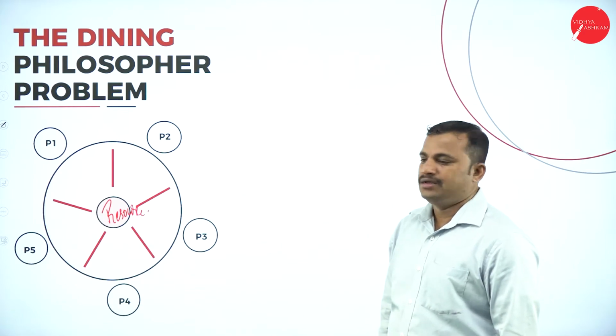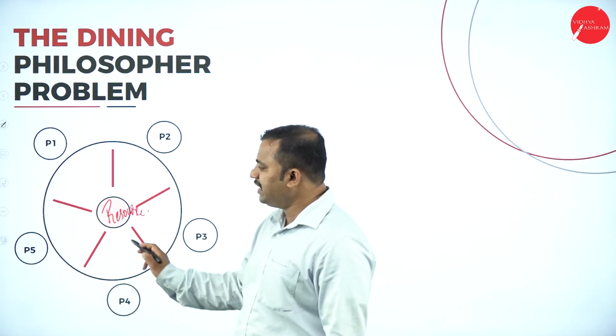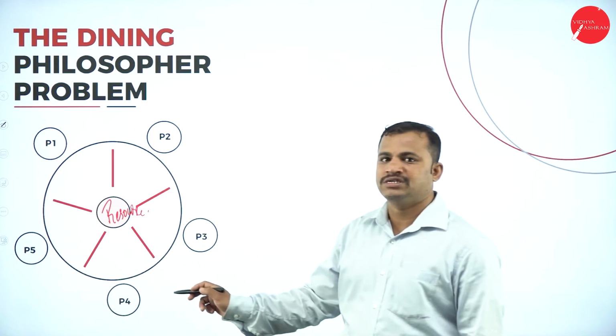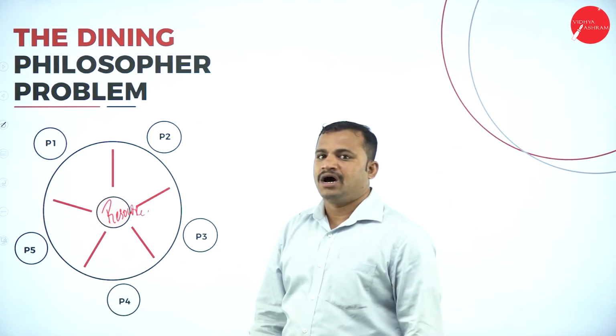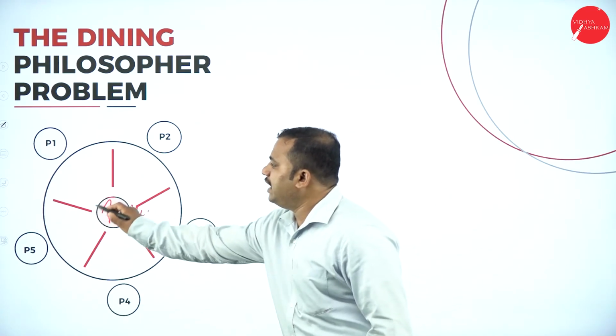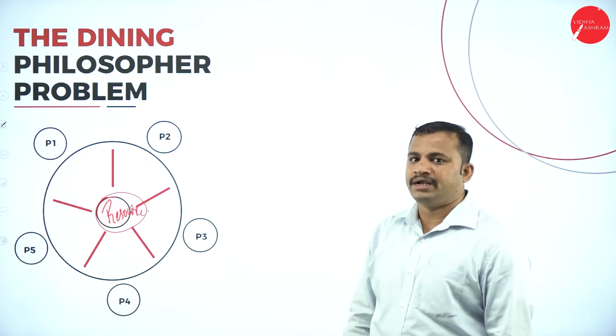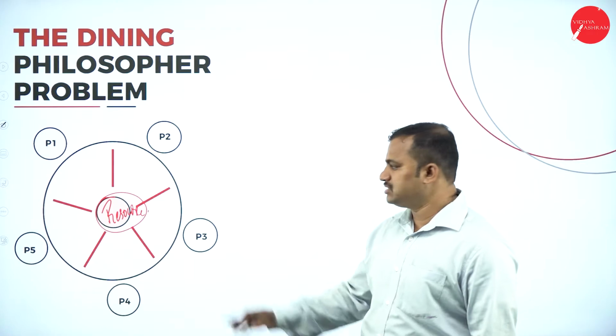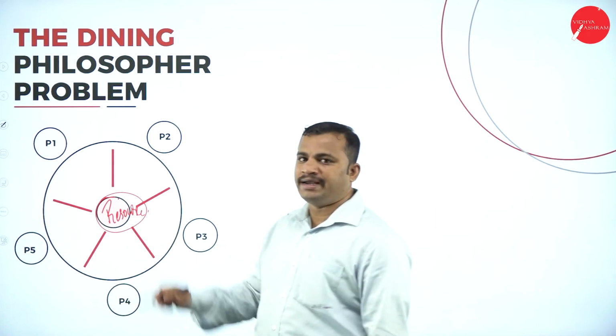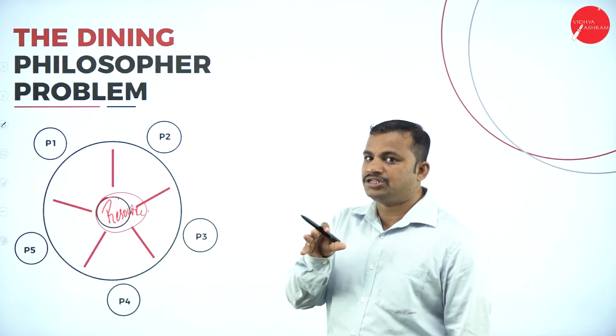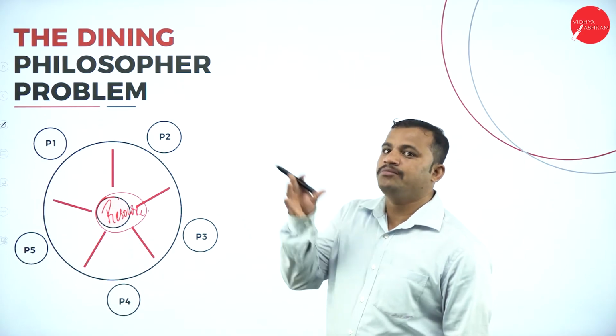The chopsticks presented here for each of these philosophers are shared, and the data placed at the center of the table, the bowl of rice, is considered a resource or data, which is called a critical section, shared among multiple processes.